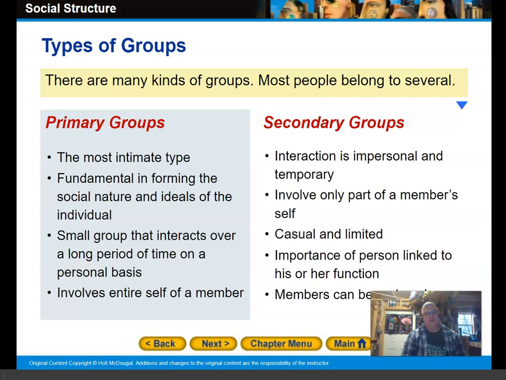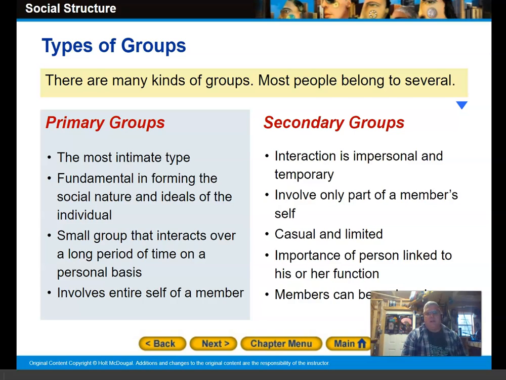There are many kinds of groups. Most people belong to several different kinds of groups. Primary groups are the most intimate type, fundamental in forming the social nature and ideals of an individual. They are small groups that interact over a long period of time on a personal basis. It involves the entire self of a member.